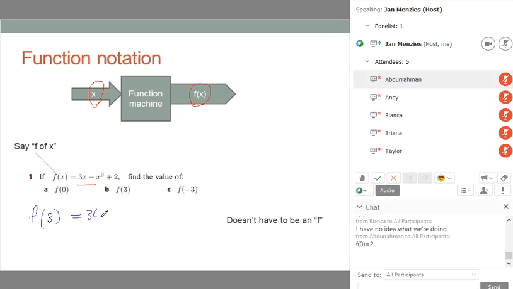So that's 3 times 3. Subtract, instead of x, we've got 3 squared, plus 2. So I'm hoping that people will write in text chat. It is 2. 3 times 3 is 9. Take 3 squared is 9. Add 2. The value is 2.